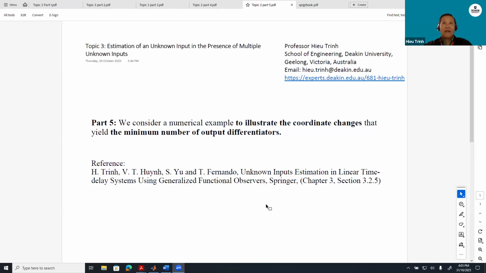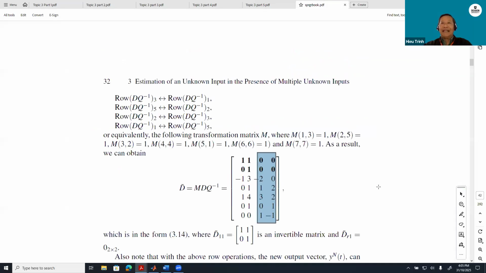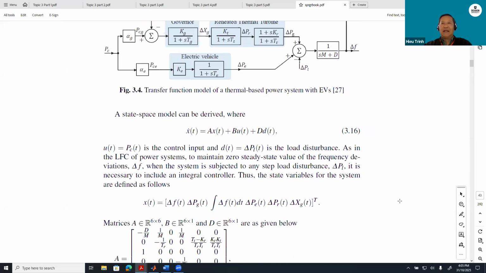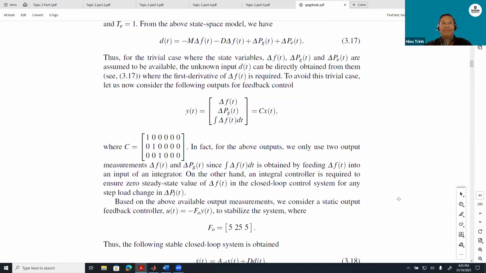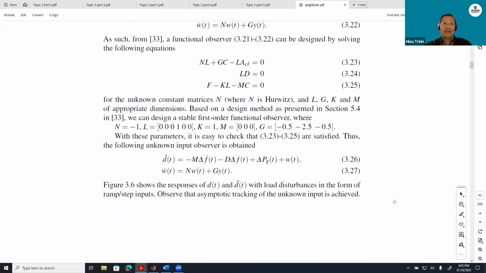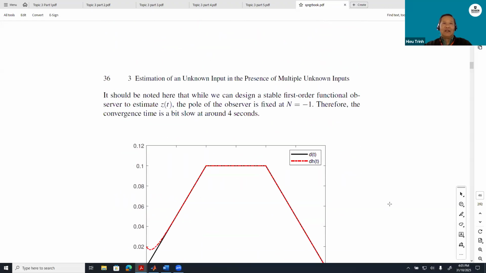for this topic. And please join me again in the next presentation, where we're going to skip the numerical example because that's just to illustrate the design of the unknown input observer.